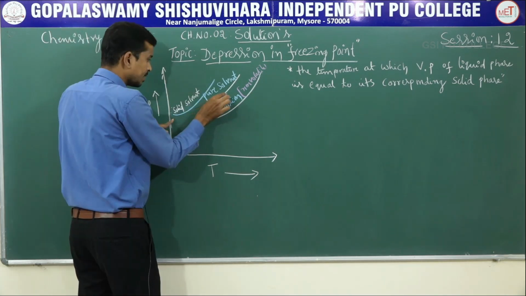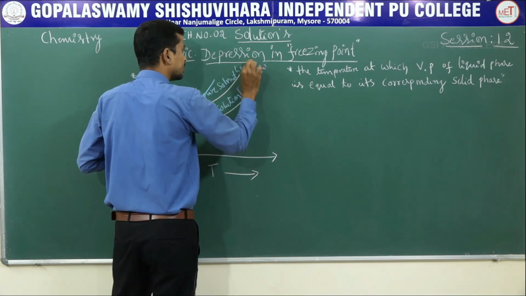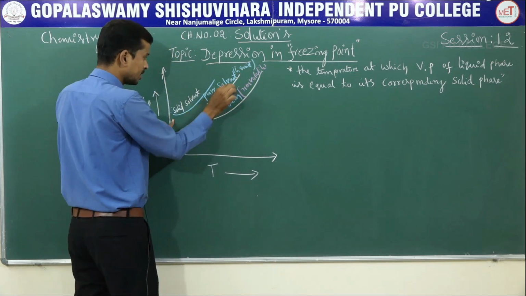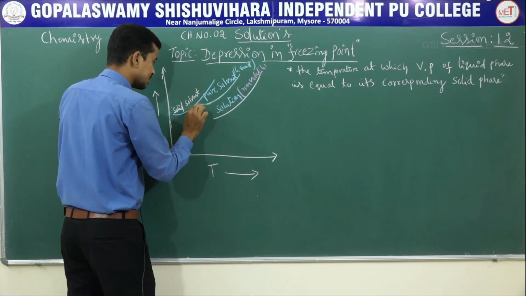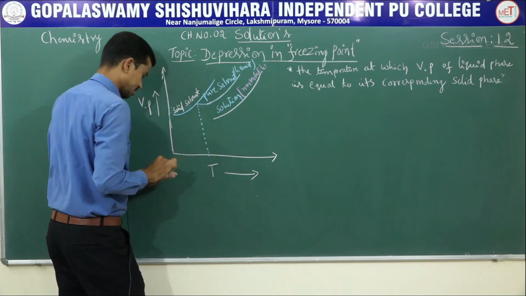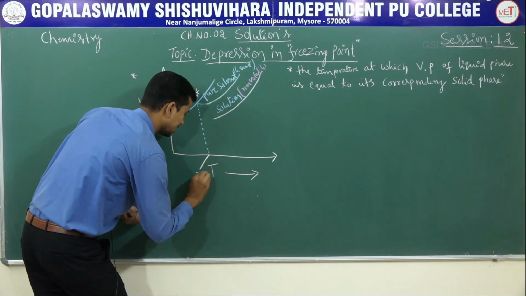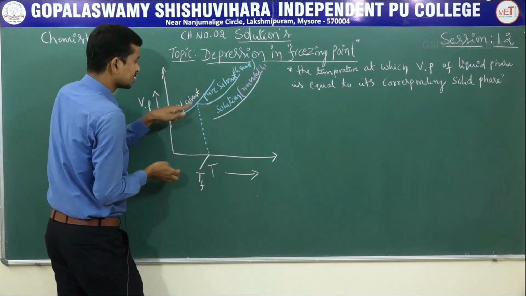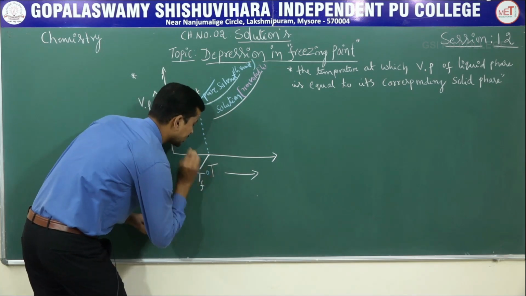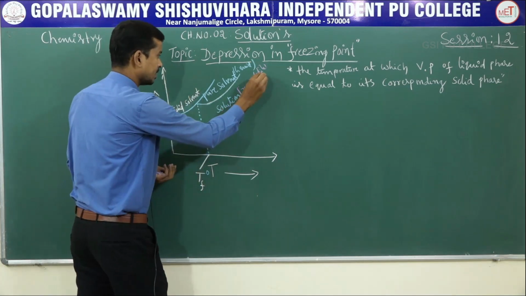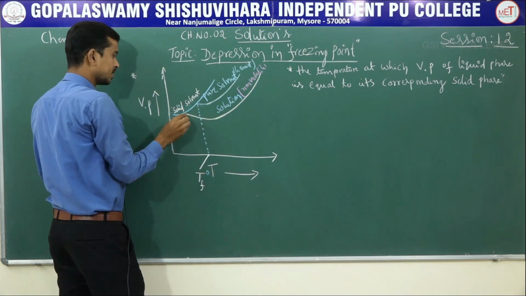Let us consider the temperature at which the pure liquid solvent is exactly equal to its corresponding solid. That temperature is called the freezing point, indicated as TF. This is the freezing point of the pure solvent, indicated as T0F. Next, consider the freezing point of a solution containing a non-volatile solute, indicated as TF. T0F is the freezing point of the pure solvent and TF is the freezing point of the solution containing a non-volatile solute.